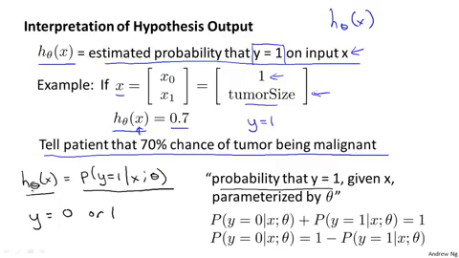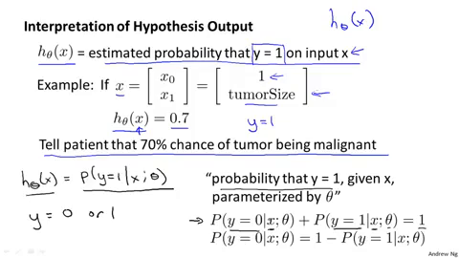Concretely, because y must be either 0 or 1, we know that the probability of y equals 0 plus the probability of y equals 1 must add up to 1. This first equation looks a little bit more complicated, but it's basically saying that probability of y equals 0 for a particular patient with features x, and given our parameters theta, plus the probability of y equals 1 for that same patient with features x, and given our parameters theta, must add up to 1.